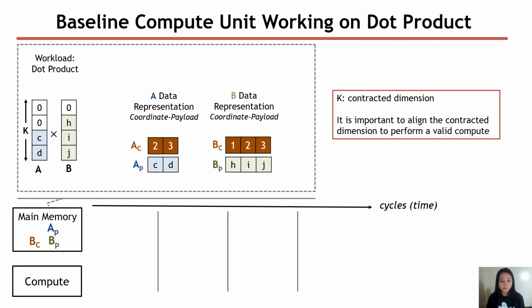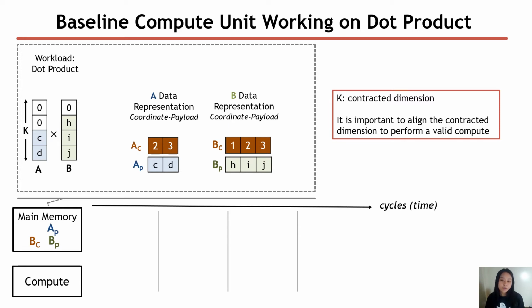And as you can already imagine, there is an important dimension which is k. K is a contracted dimension because in the end, after we perform the dot product, our k dimension is gone as we're accumulating on this dimension. So it is important for us to align the k values for the A operand and B operand.